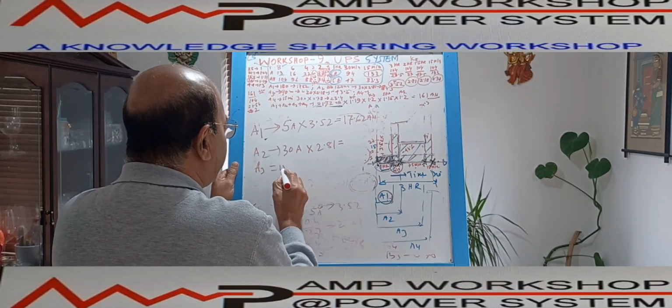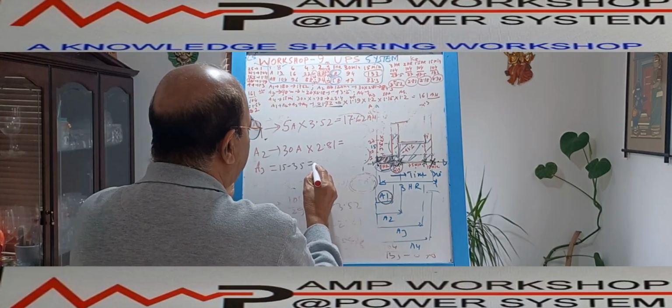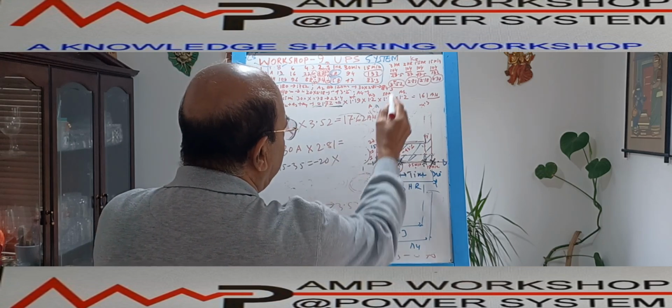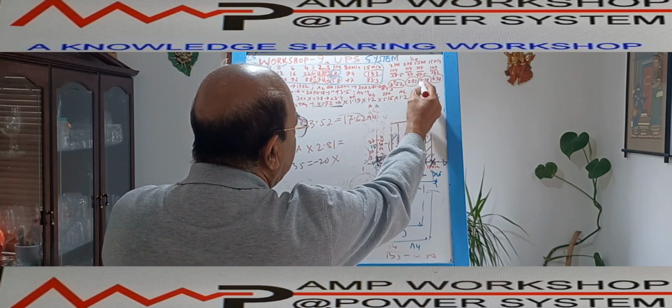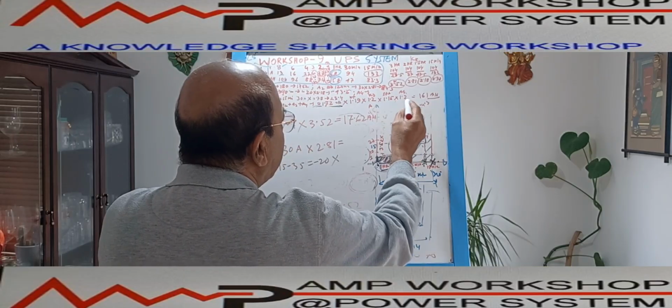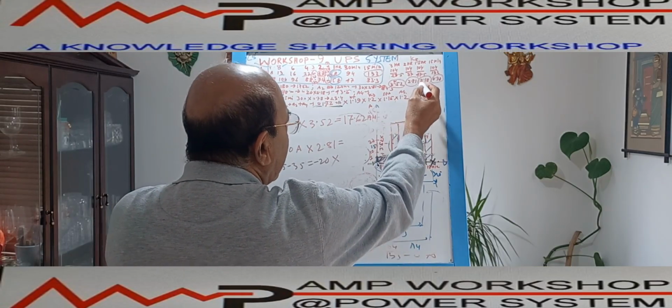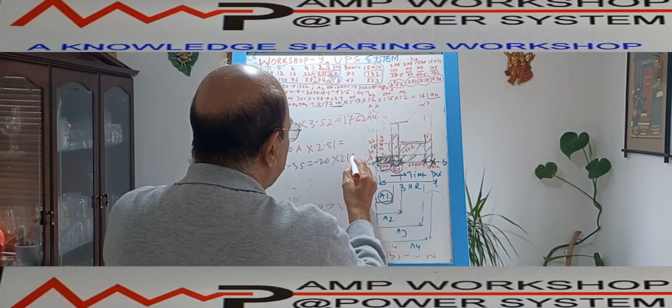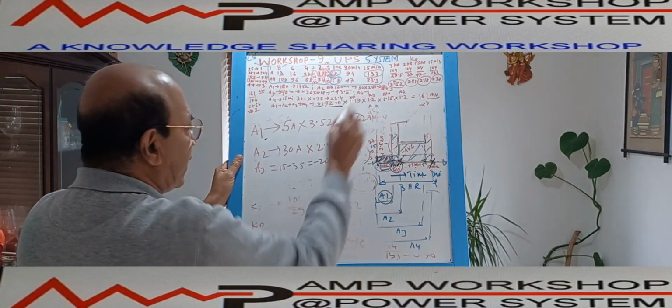So the change is 15 minus 35, so it is minus 20, into the time of 75 minutes. The K factor for this, we have already calculated, is 2.18.